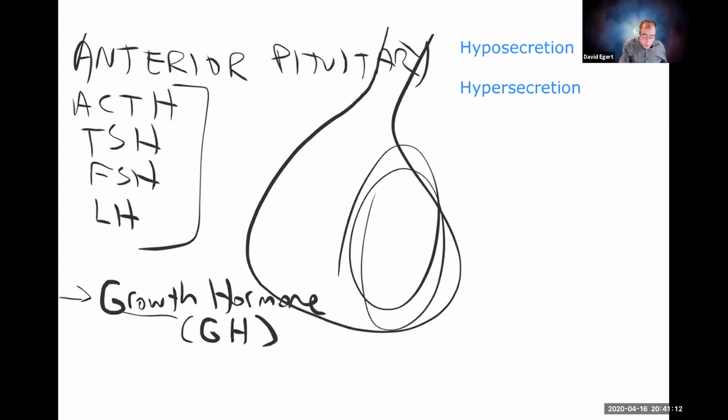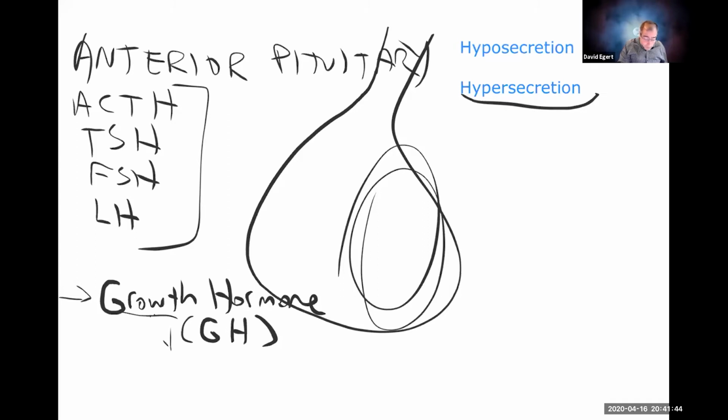With pituitary dwarfism, your proportions are normal, but you're just really small. Hypersecretion, you can get pituitary gigantism, people who are 7 feet and taller, so large if you don't control it that they can't even support their own weight anymore. So it can also be a really bad situation.